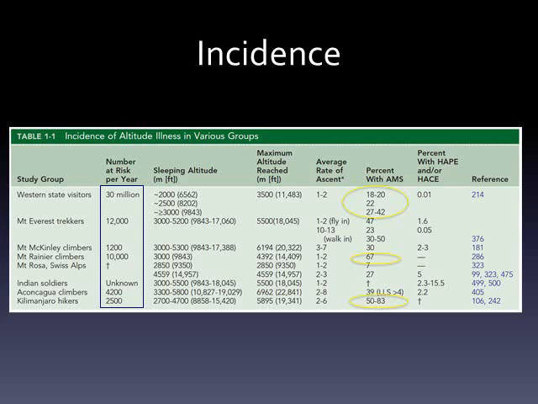Mount Rainier climbers are also at a high risk, one study reporting 67% incidence of AMS, or acute mountain sickness. Kilimanjaro hikers have an incidence of 50 to 83% of acute mountain sickness. Other groups to consider are military personnel and pilgrims who travel to high altitude places.